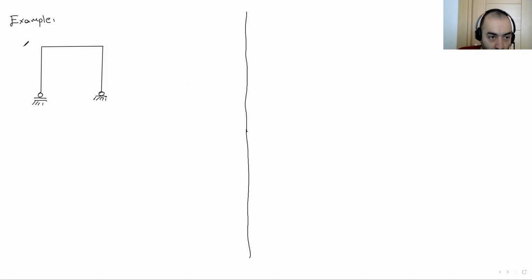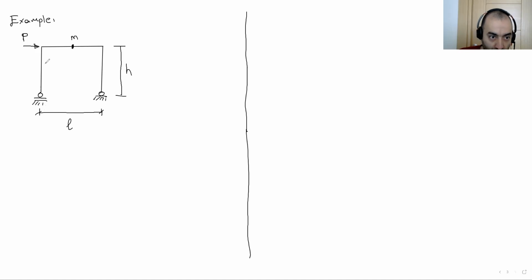At the top corner, again, we have load P, and we have a point at the middle of this beam, which is M. Let's write the dimensions here. This height is H. The total span is L.